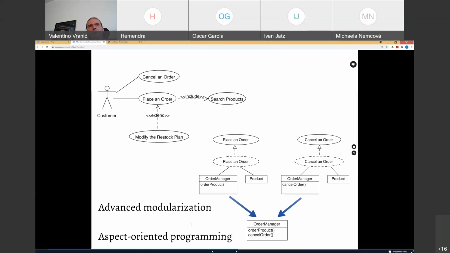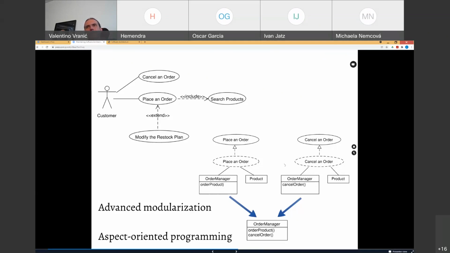Once you modularize your system according to use cases, you have to learn to live with this. Sometimes you might like to see this complete order manager class like this. Sometimes you might like to see it like this. So I was not correct in claiming that what I'm showing here does not show this problem that I wanted to mention.